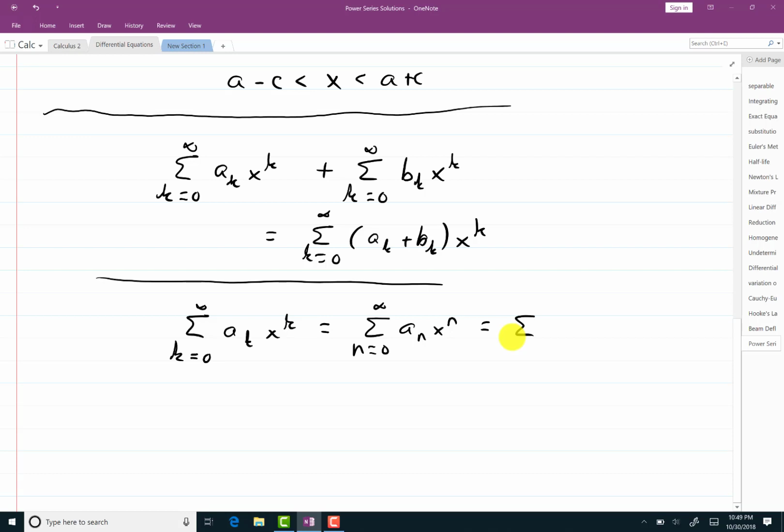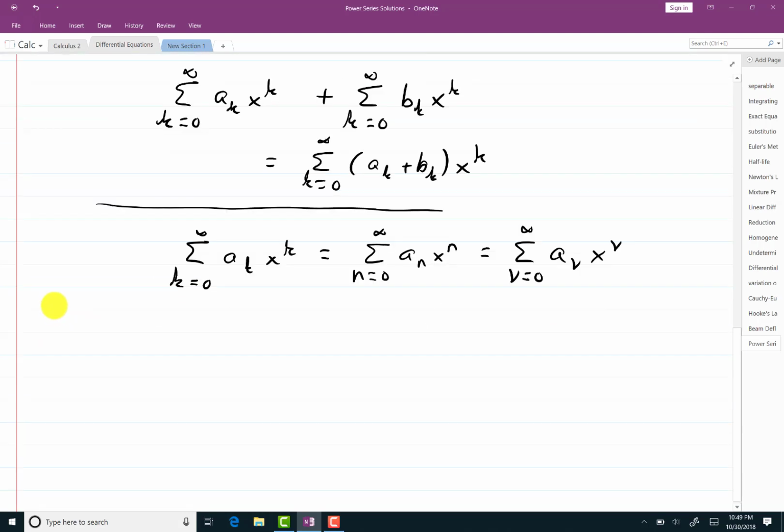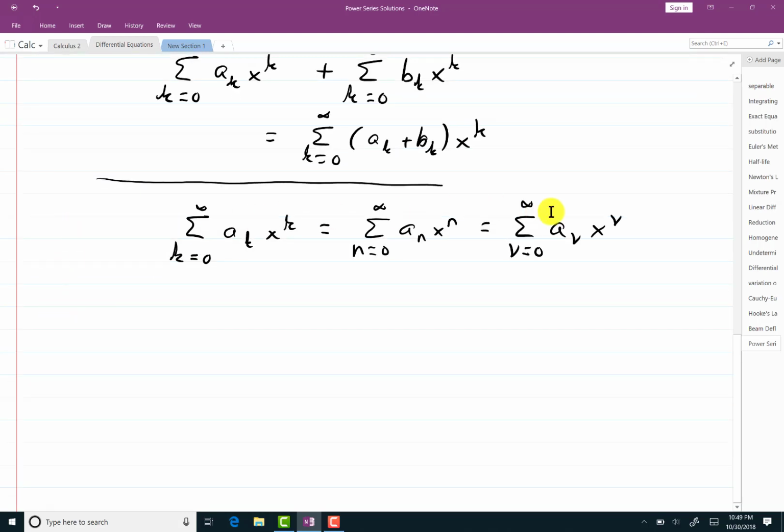Sometimes some authors I've seen even use Greek letters, like mu from 0 to infinity a sub mu x to the mu. So all these are the same thing. It does not matter what letter you use for the index. Additionally, we refer to 0 and infinity as the limits of summation.